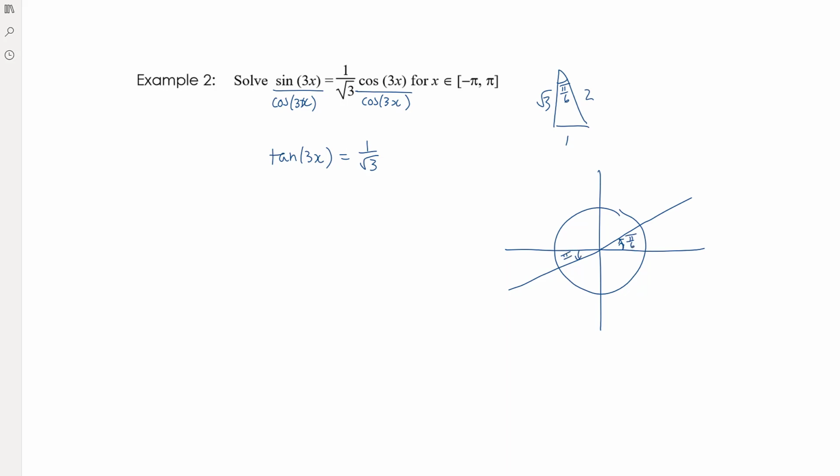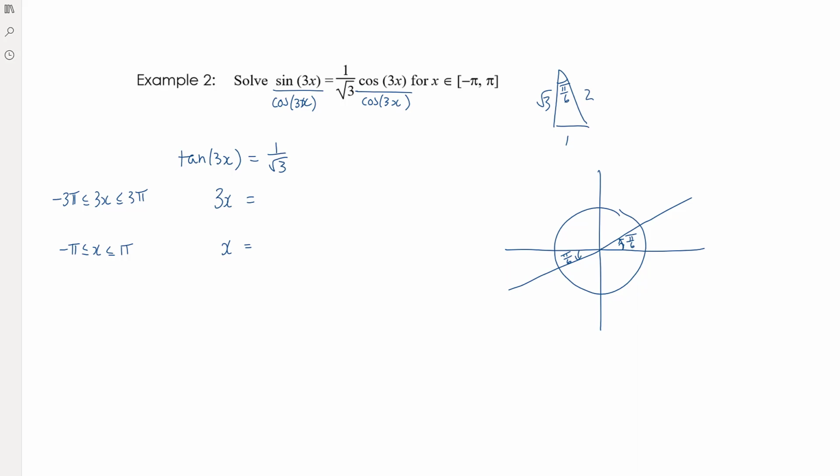Pi on 6 and pi plus pi on 6. We're going to get solutions. I'm just going to move this over so that we've got room for our solutions. We're going to find solutions for 3x, and then we're going to divide them all by 3 to get our solutions for x. Now we want x to be between negative pi and pi, which means we want 3x to be between negative 3 pi and 3 pi.